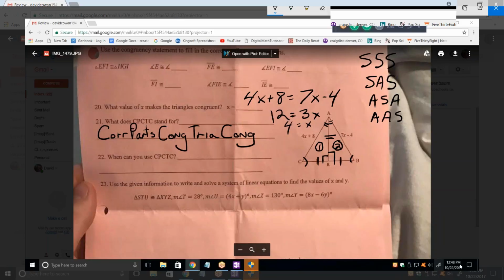When can you use CPCTC? If the sides are congruent. Yeah, with congruent triangles. Use the given information to write and solve a system of linear equations to find the values of x and y.